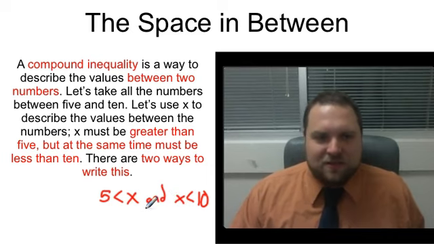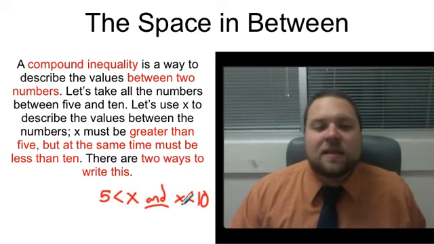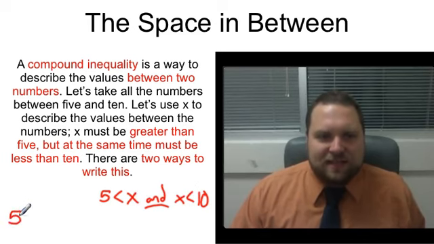There are two ways to do this. The first one is to use the word and. When we say this inequality and this inequality, what we're really talking about is the space between those two numbers, provided we have our symbols meaning that as well. There's another way to write this. Notice how there's an x in both of those. I can also write this by saying there's the 5, there's the 10, there's the x, and putting those symbols all smashed together into one statement.